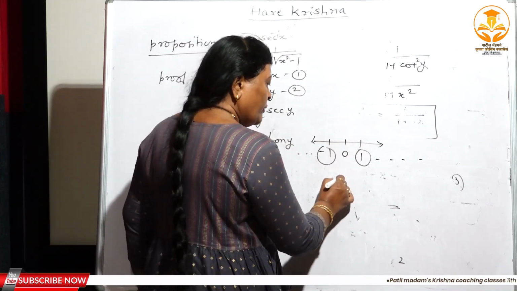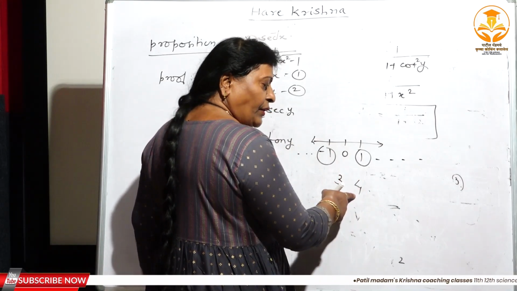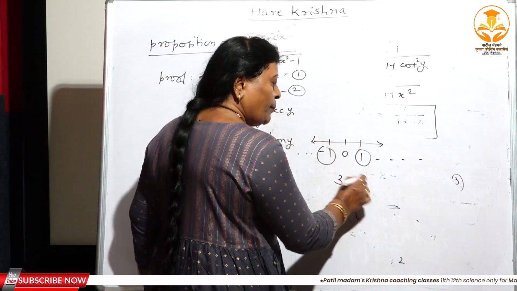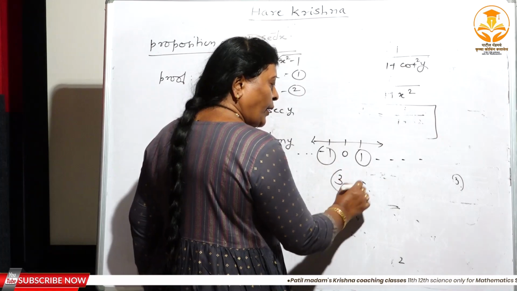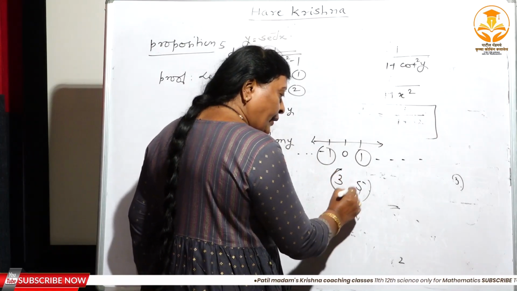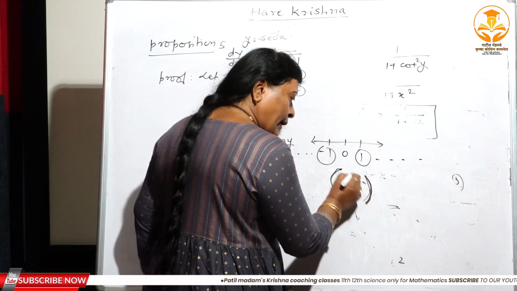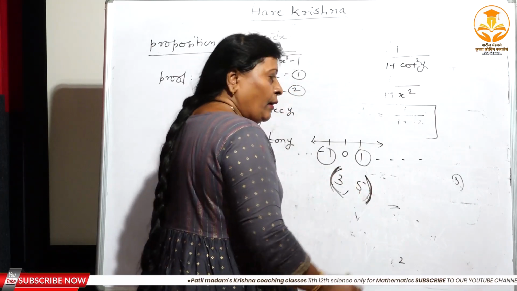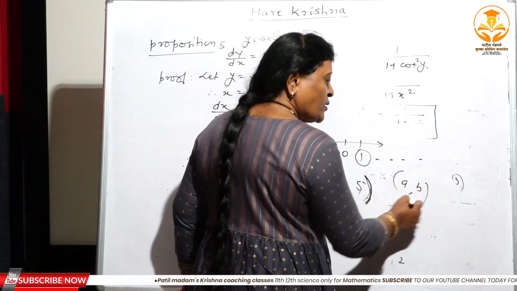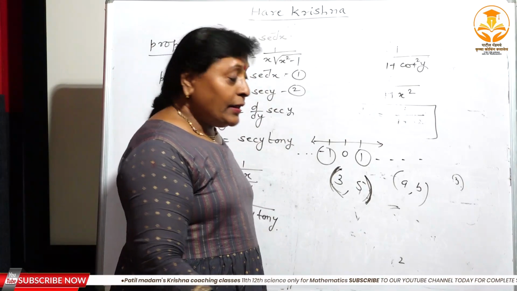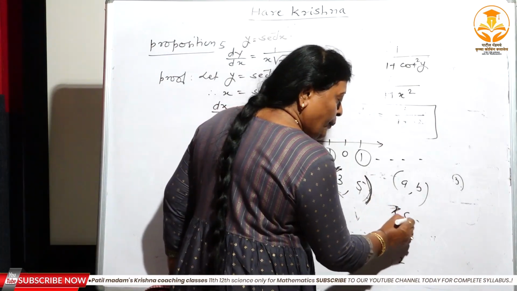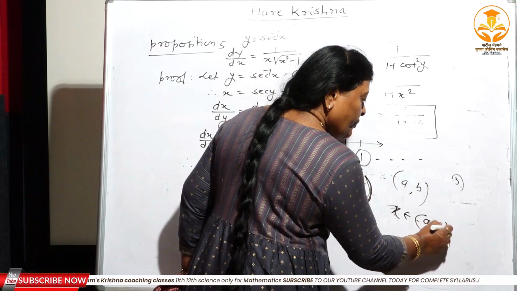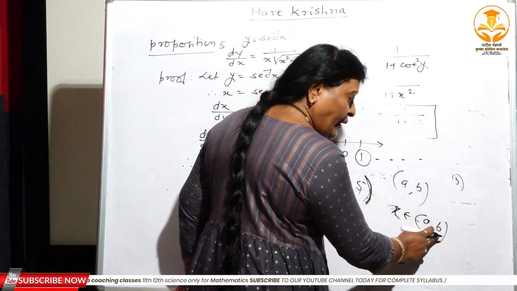In between 1 and minus 1, how will you write this? Suppose I write 3, 4, 3, 5. What is in between here? In between, you can give in this bracket: round bracket, a comma b. This is called an open interval. Suppose x belongs to a comma b, then x takes the value in between a and b.